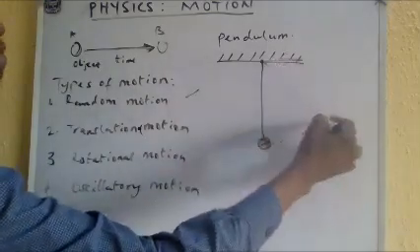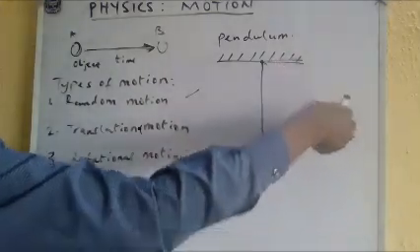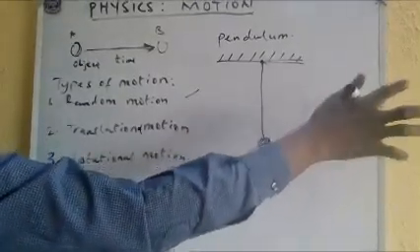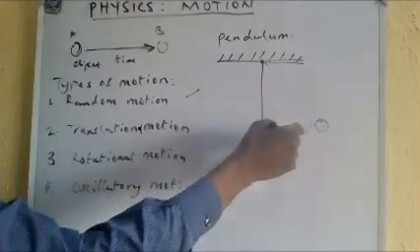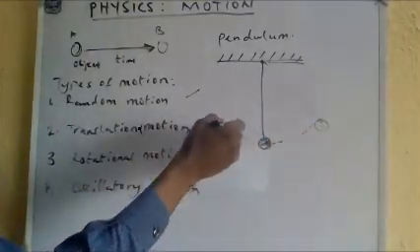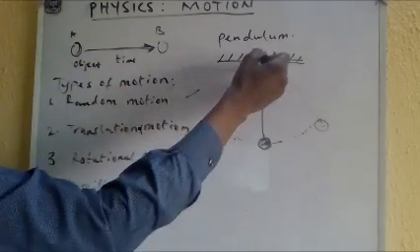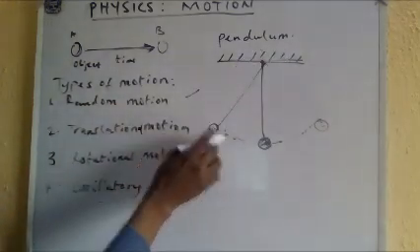This is where the ball is now, the new position. Then when you take it to this edge, you leave it. When you leave it, it goes here, past this point, and still continues. When it gets to this point, it stops, it goes back.